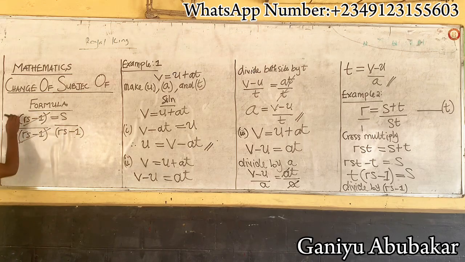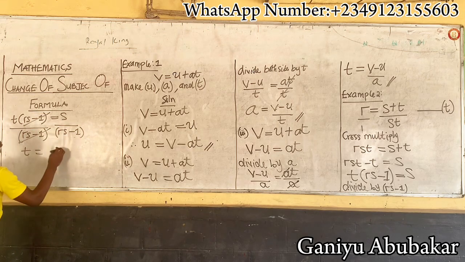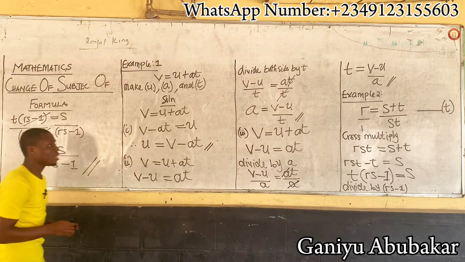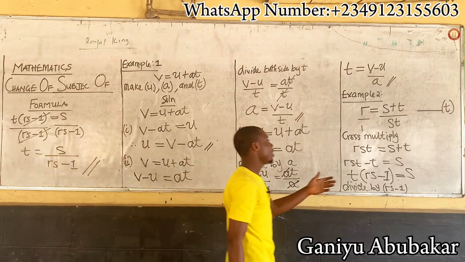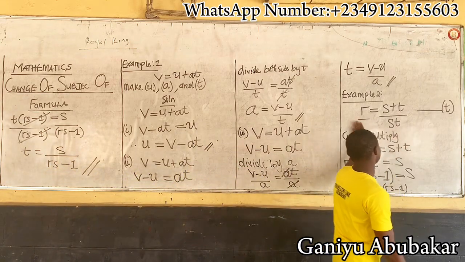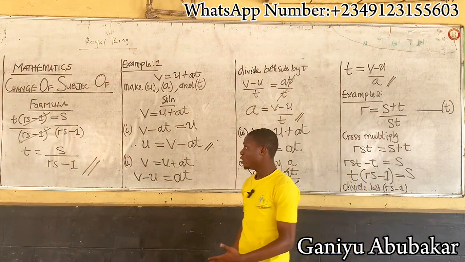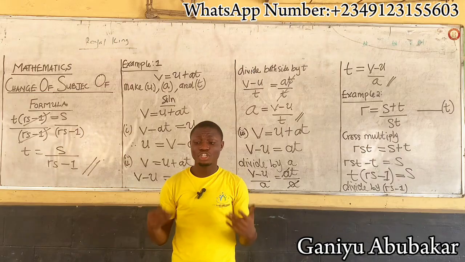This cancels this. I have that t is equal to x over x squared minus 1. This becomes my answer to this question. I have actually made t stand alone from this given question. So this is how to evaluate problems of this nature.